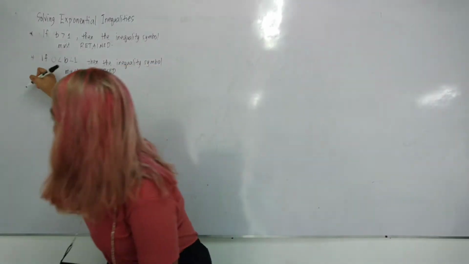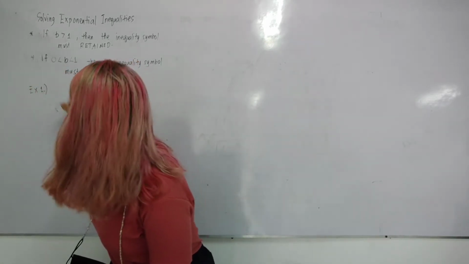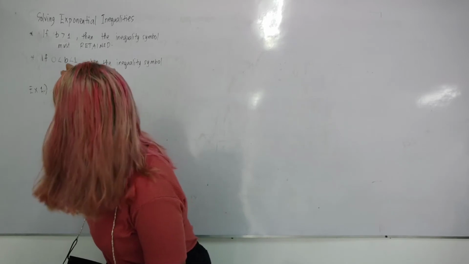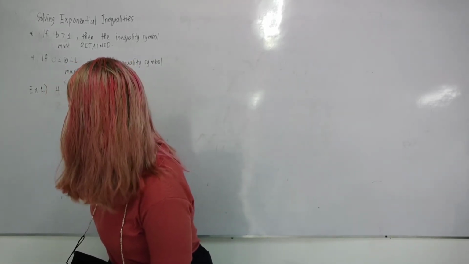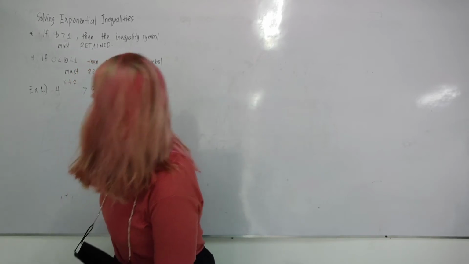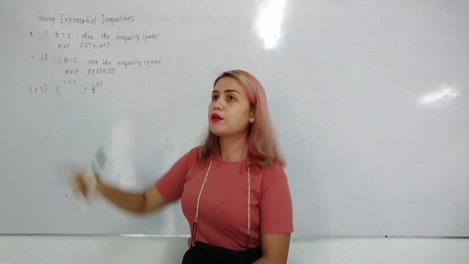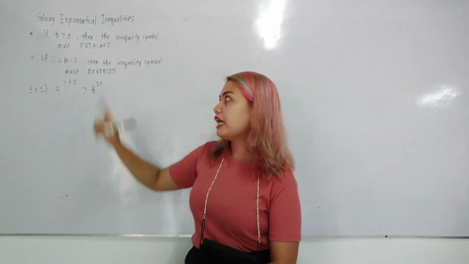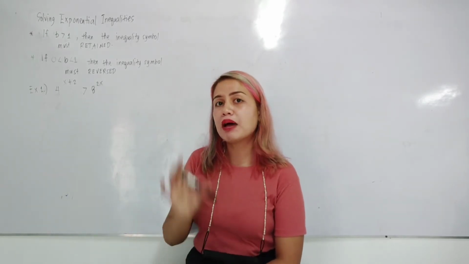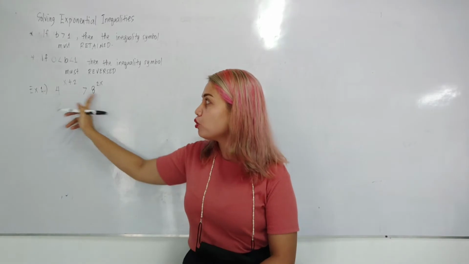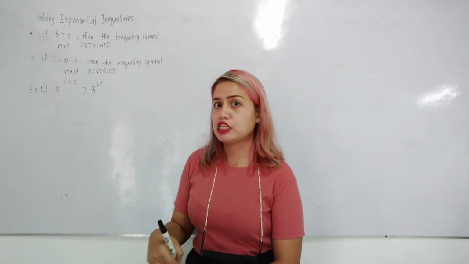Alright, let's have an example. How about if you're given this exponential inequality, 4 to the power of x plus 2 greater than 8 to the power of 2x. The first step in solving the exponential inequality is to rewrite both exponentials into the same base.